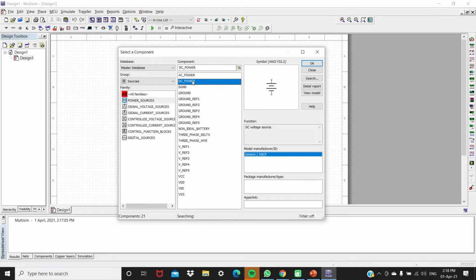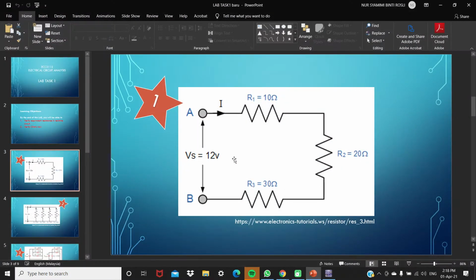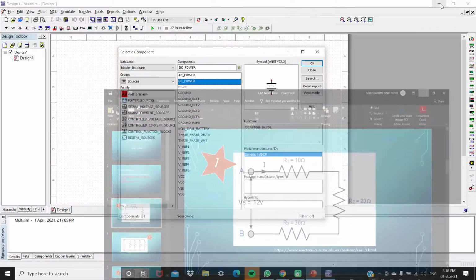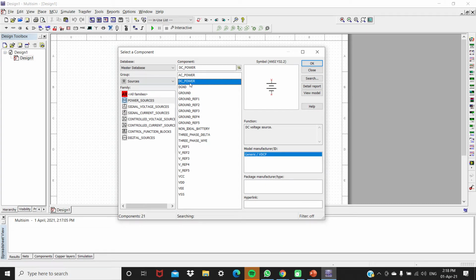It gives a different response here. So be careful, look at the diagram properly. Is it a battery or is it a generator? In this case it looks like a battery, so it's DC voltage, not AC. Let's put the DC power there.